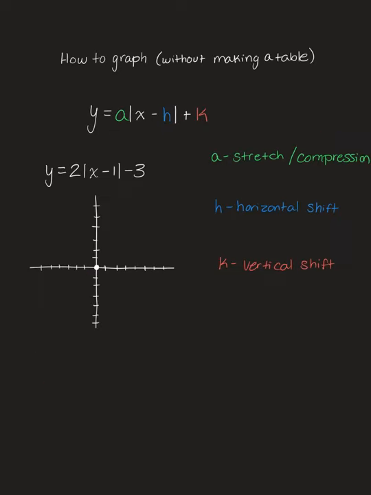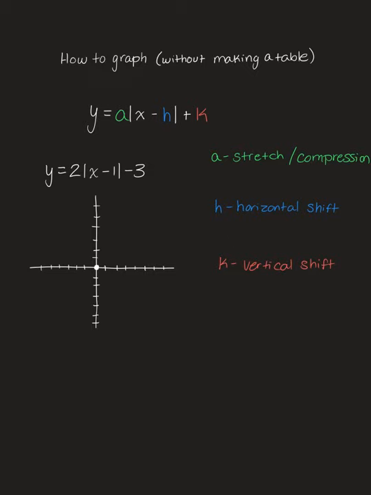Okay, so now that you've seen some examples with some transformations happening, I want to show you the basis on how we know what transformations are happening. So we have this function here, y equals a times the absolute value of x minus h, plus k. And each of those letters does something.